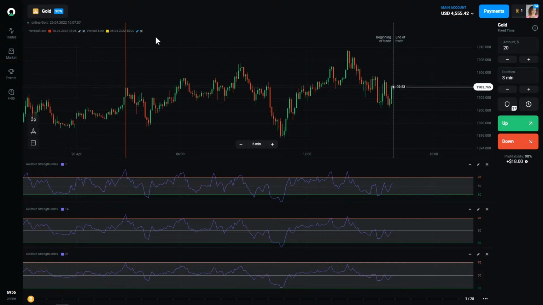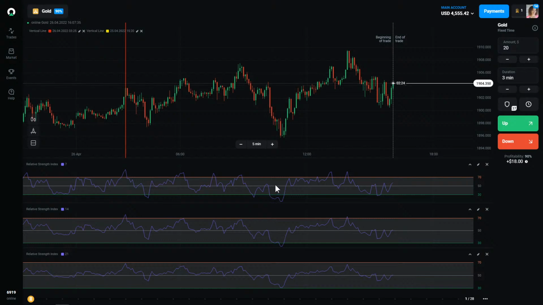So as far as the signal to enter an up trade, we want to see the 21 RSI. That's the one down here. So this is once again 21 RSI. This is 14 RSI.